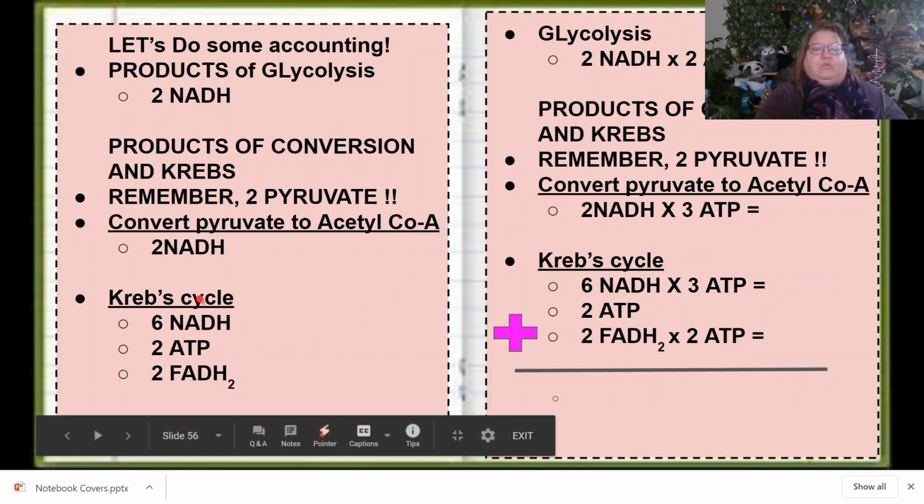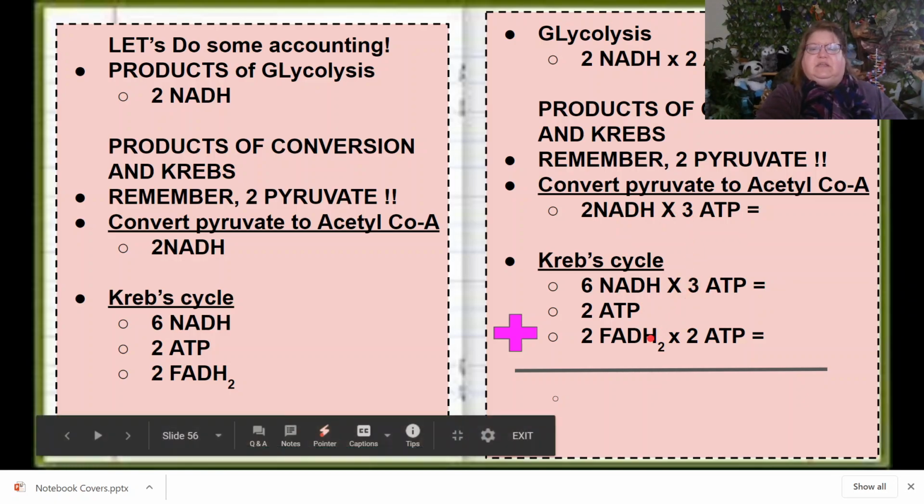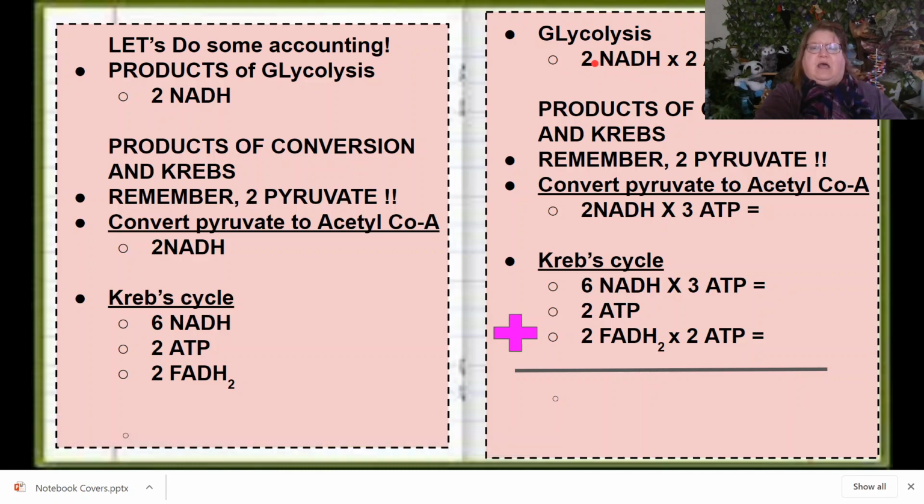And remember, we have 8 NADH from this conversion. Each one of these can make 3 ATP. FADH2 only makes 2. So I want you to be thinking about our numbers here. Do the math. The glycolysis has NADH as well. 2 NADH, each one can make 2 ATP.